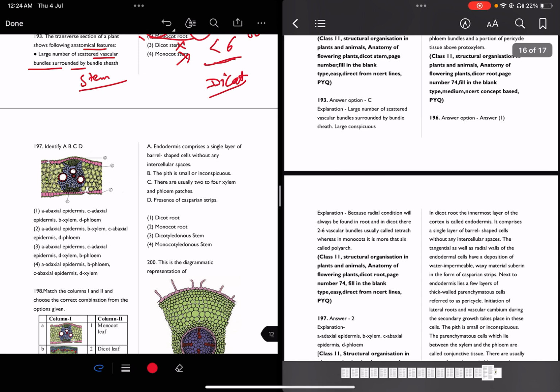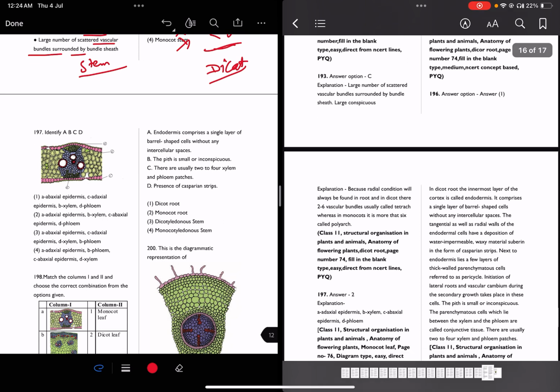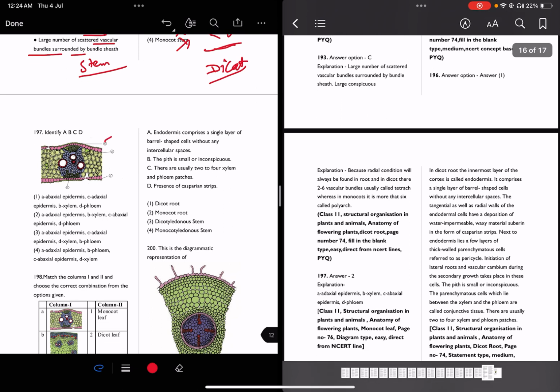Now identify A, B, C, D. Question 197. Is this the abaxial or adaxial? Adaxial, okay. This is the abaxial. Here in the question, abaxial wrong, adaxial okay.